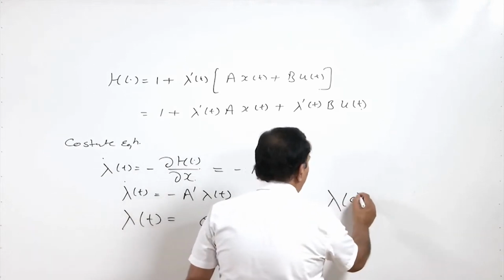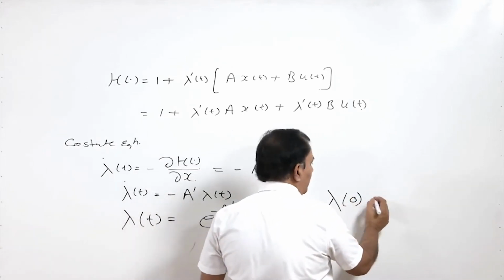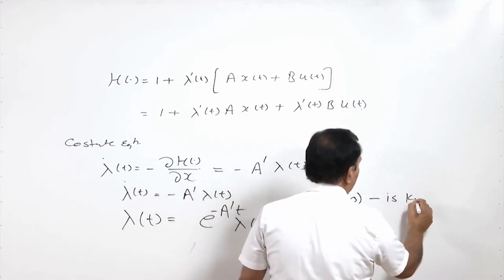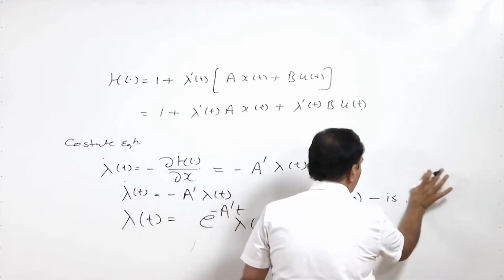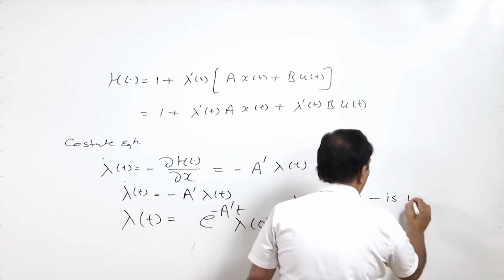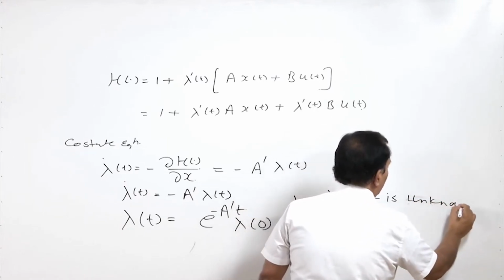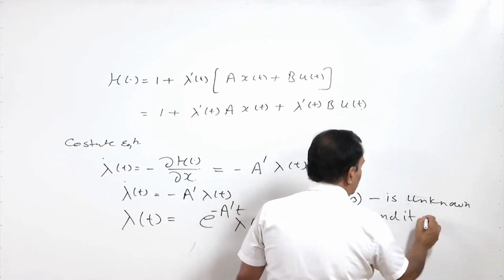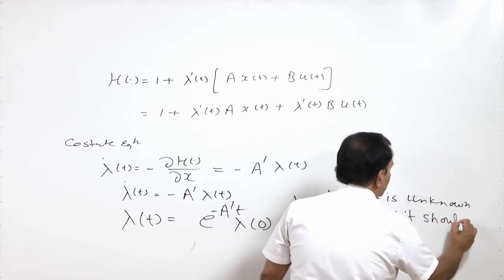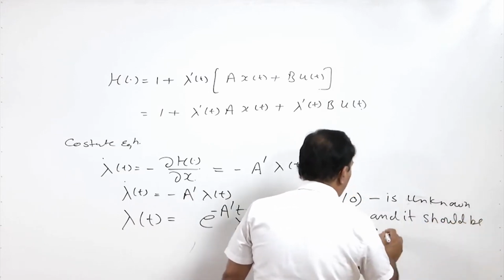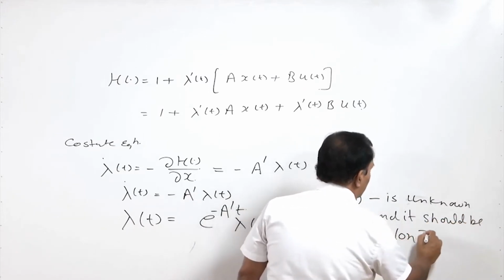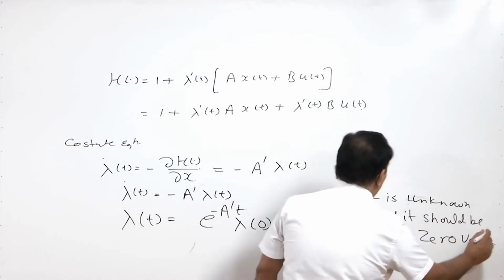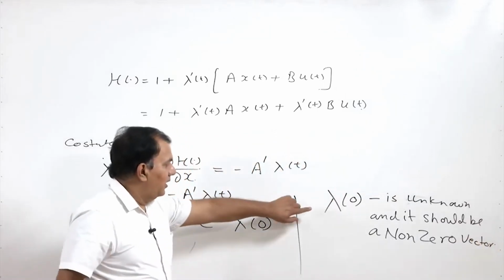So, lambda 0, which is the initial value of my co-state vector, is unknown, and it should be a non-zero vector. So, this is our another condition.